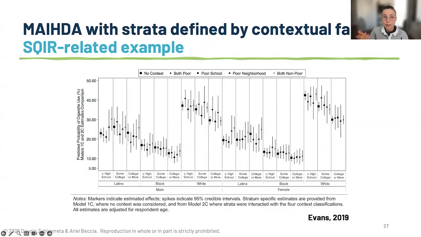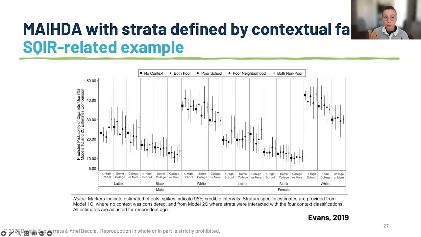And so in this study conducted by Claire Evans, who developed MAIHDA, but this is a later study of Claire's, individuals were nested within intersectional strata that were jointly defined by gender, race, ethnicity, and parent education, as well as neighborhood and school poverty status. And so this figure here is showing the stratum-specific prevalence of cigarette use, which is the outcome for each intersectional stratum.